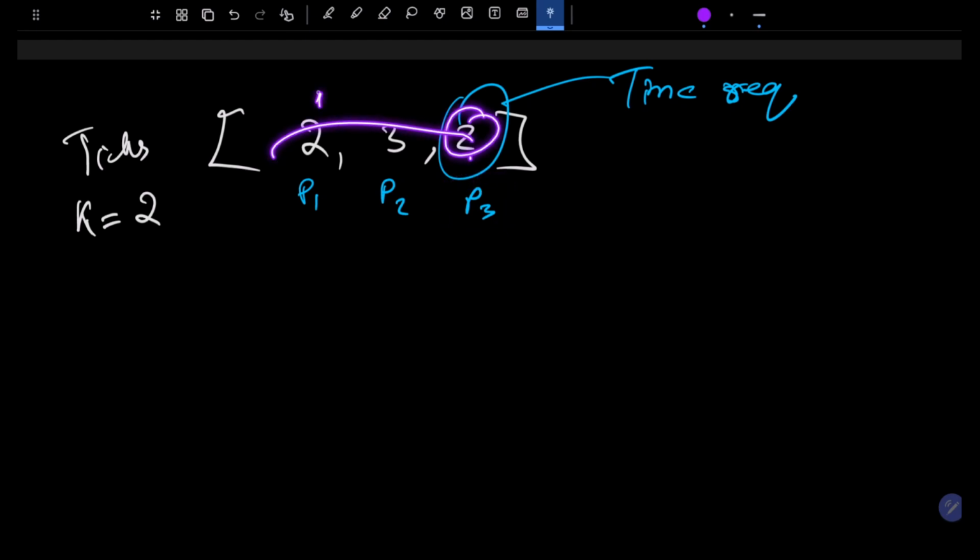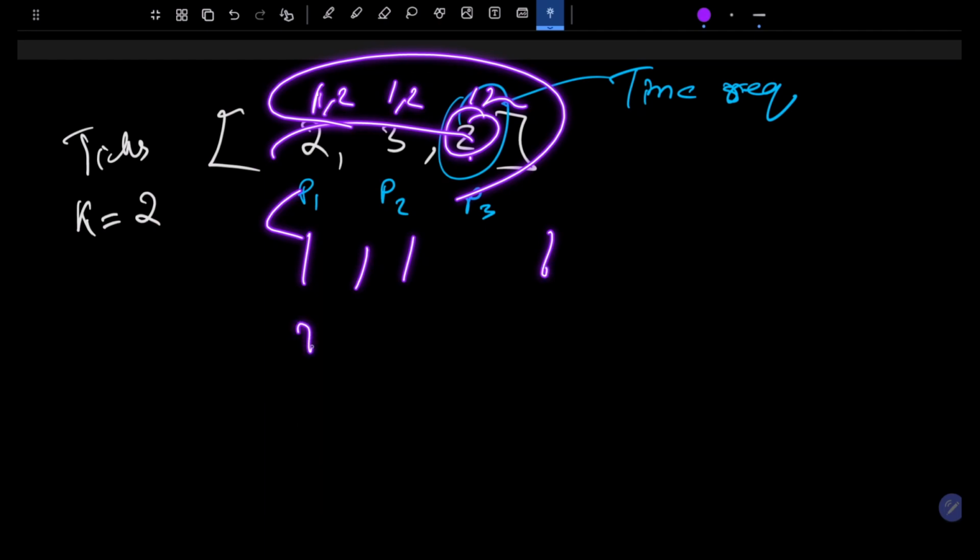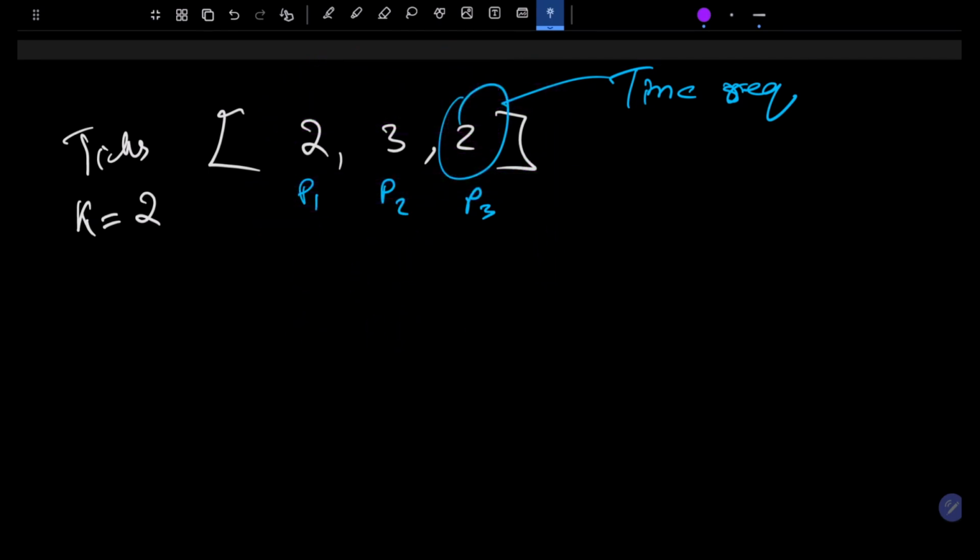How many tickets? 1 and 2, because it will keep on repeating: 1 they will buy, then again 1 they will buy, which means they can buy two tickets at a single time. If this person can buy two tickets, any person coming before can also buy two tickets.